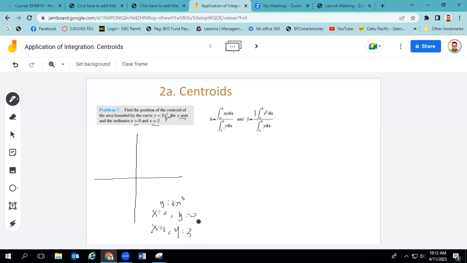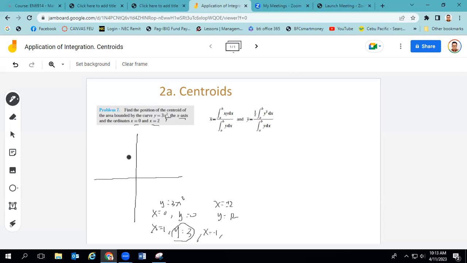Similarly, when x is equal to -1, y is still equal to 3. And when x is equal to 2, this limit or boundary, y is equal to 2 squared, which is 4, times 3, you have 12.